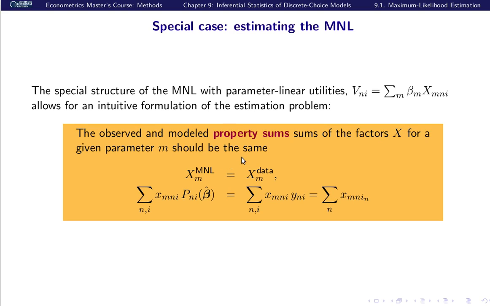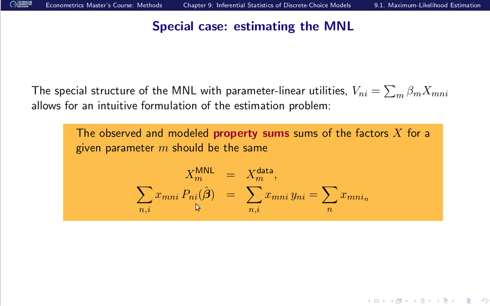The model is calibrated if all property sums agree between the theoretical predicted property sums and the data ones. The theoretical one is just the corresponding exogenous factor m, which is related to a parameter beta m, and that's of course summed over all decisions n and also over all alternatives i.